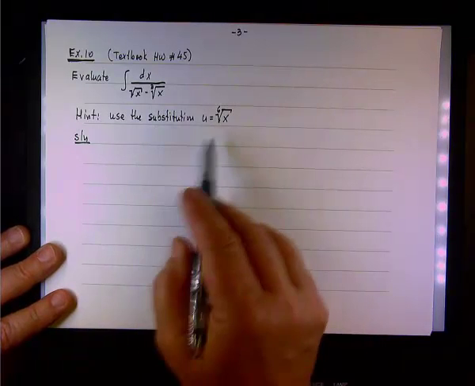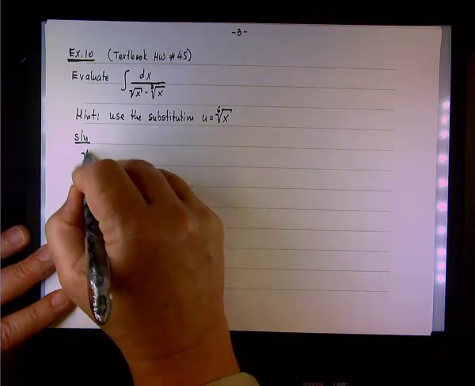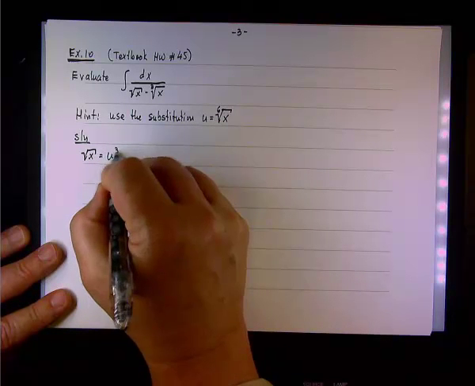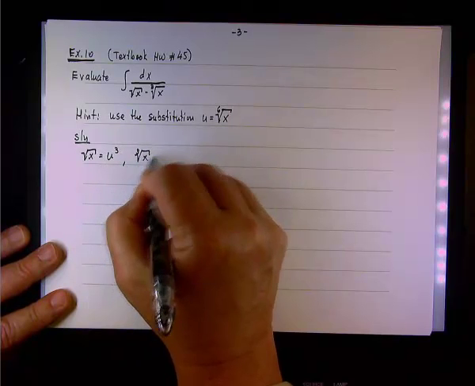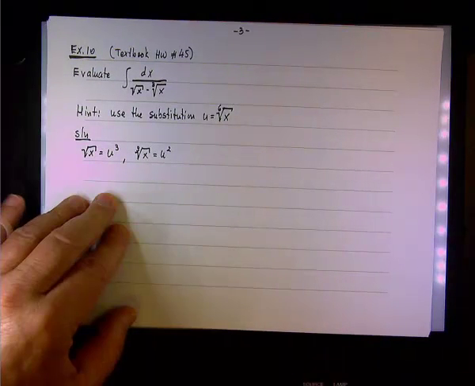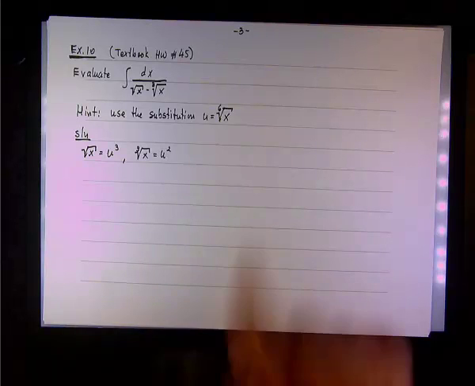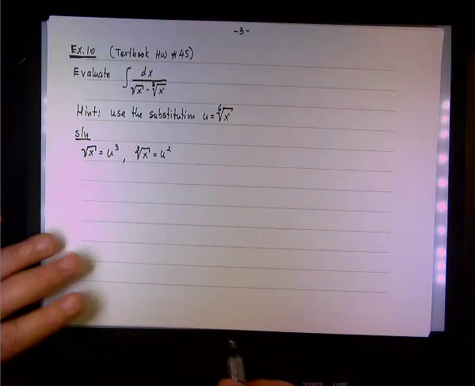So let's perform the substitution. If you look at this substitution, then the square root of x becomes u cubed, and the cube root of x becomes u squared. If you don't see it right away, it's easier to see it if you use the exponential notation rather than radical notation.